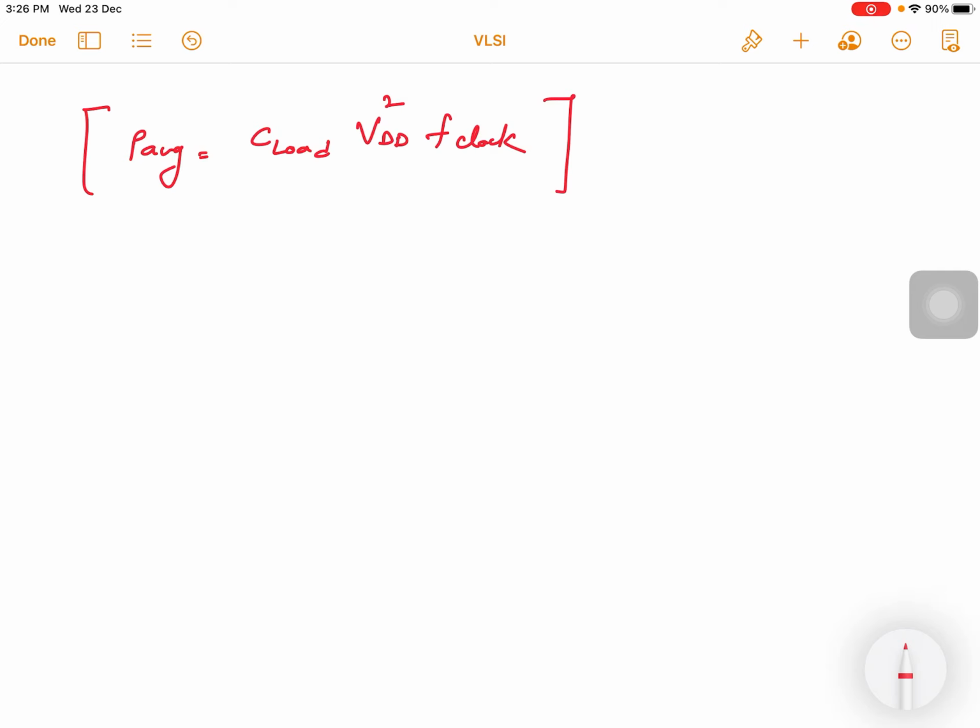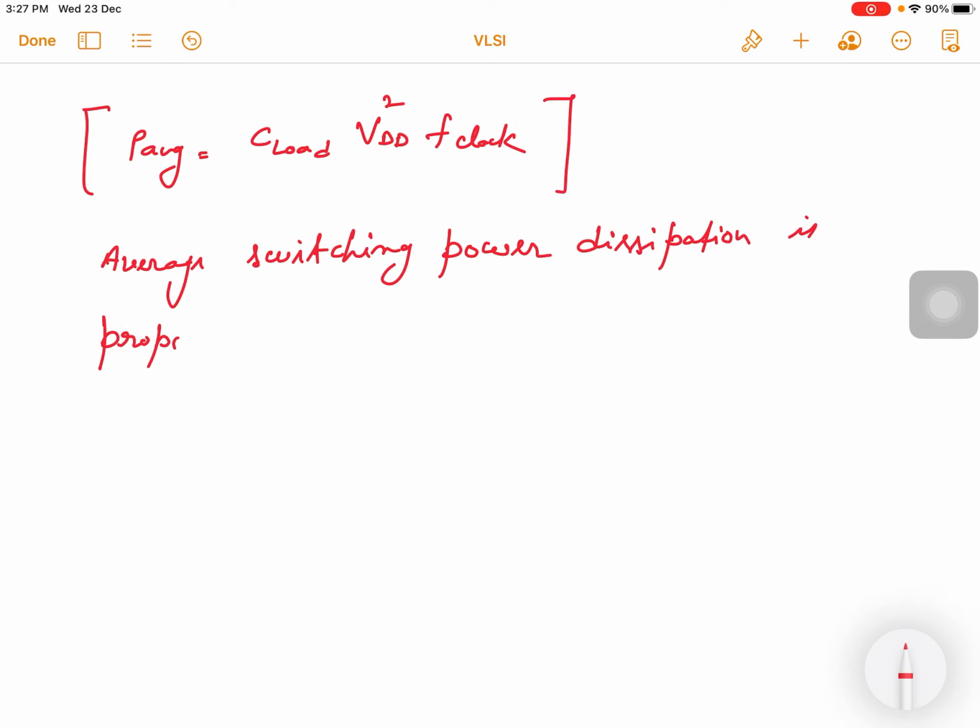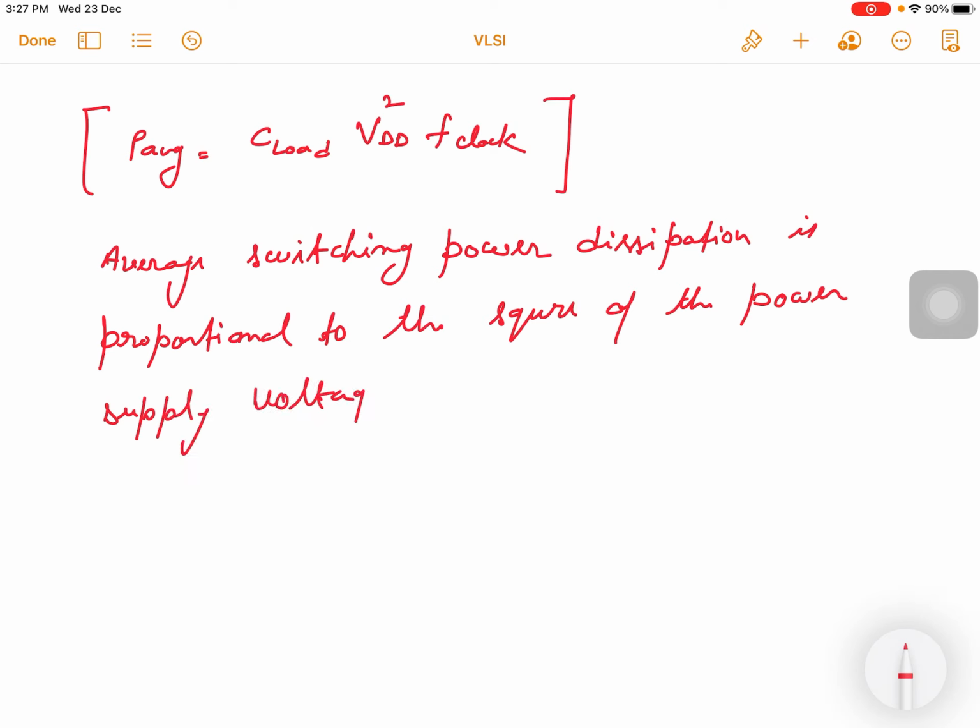In this formula you can find that the average switching power dissipation is proportional to the square of the power supply voltage.